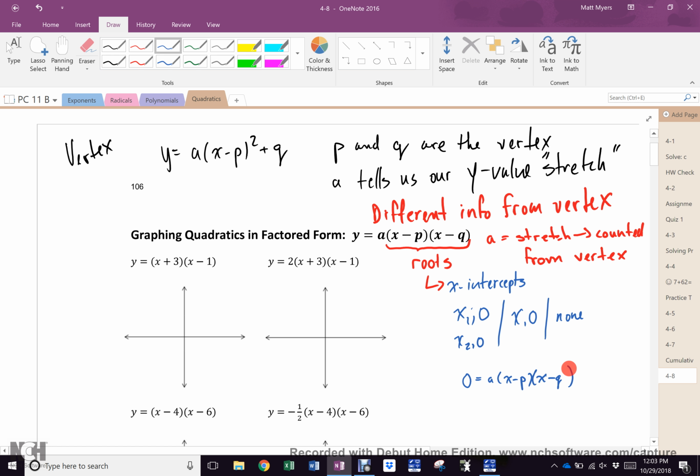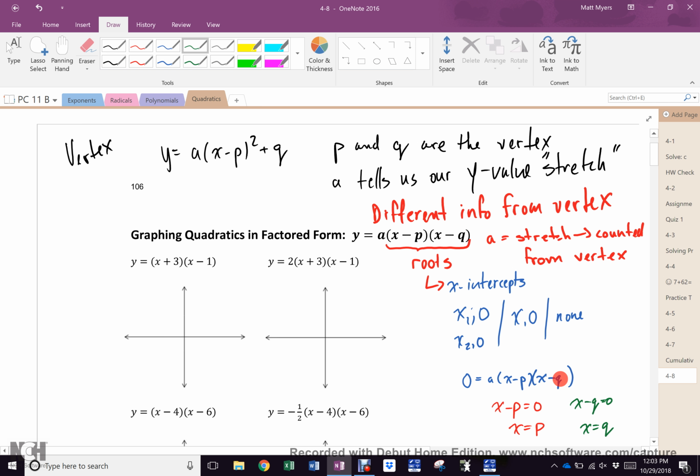So, this of course means two things. It means x minus p would have to equal 0, which would mean x would have to equal p, the opposite of what you see, or x minus q would have to equal 0, so x would have to equal q, the opposite of what you see.